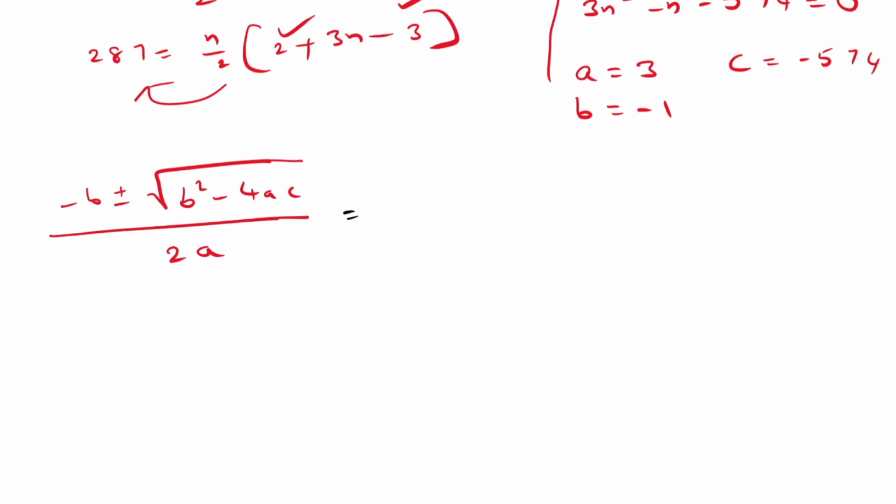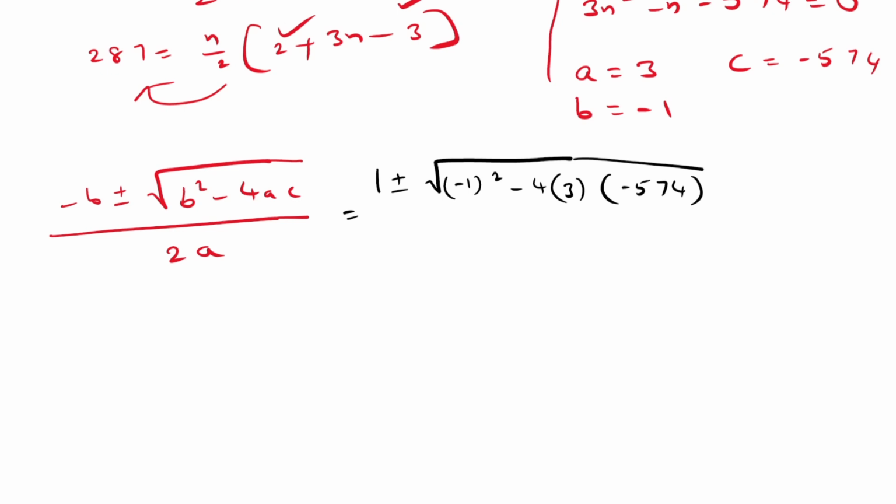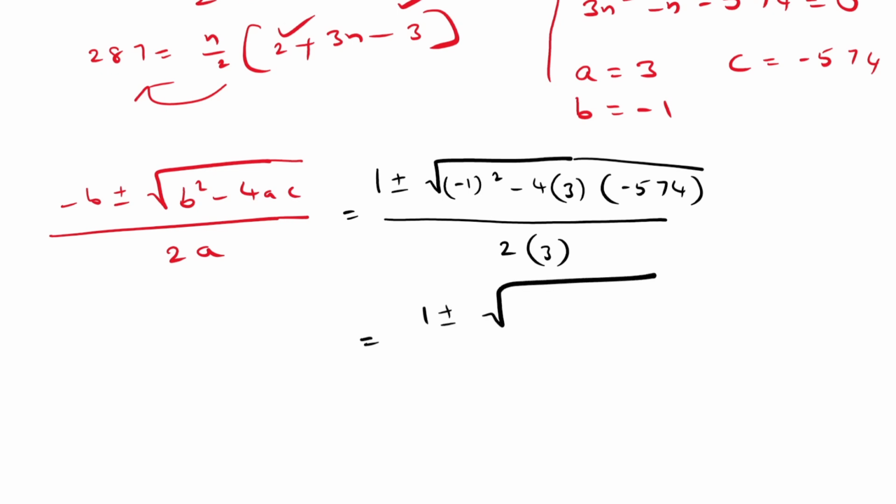Minus b: b value is minus 1, and already we have minus here, so minus of minus 1 will be plus 1, plus or minus under root b square, that is minus 1 square, minus 4 into a value 3 into c value minus 574, whole divided by 2 into a value 3. Which equals 1 plus or minus under root 1 square, 1.